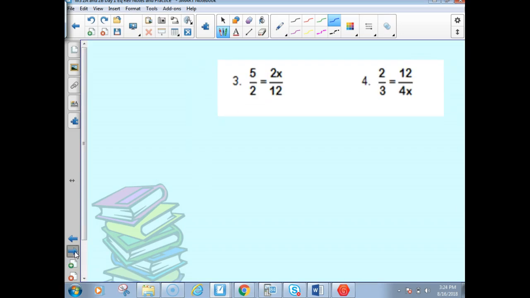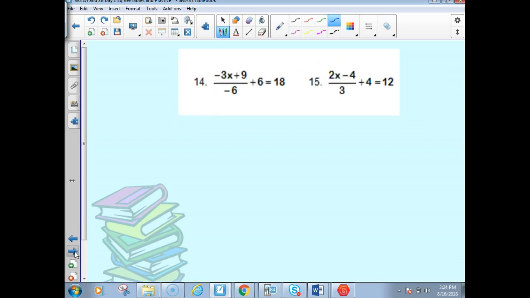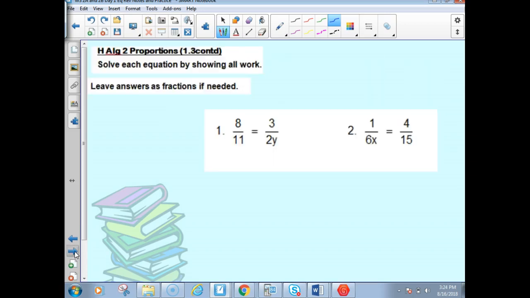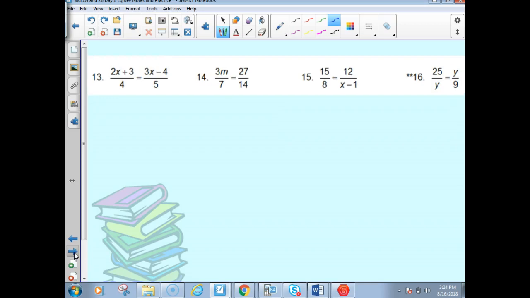There's some stars, exactly. So what's the first one? I've gone over all of these except a starred one on this page, which is different. Yep, 16. And there's a reason. Let's see, some of you clever people. Why is this one double starred?